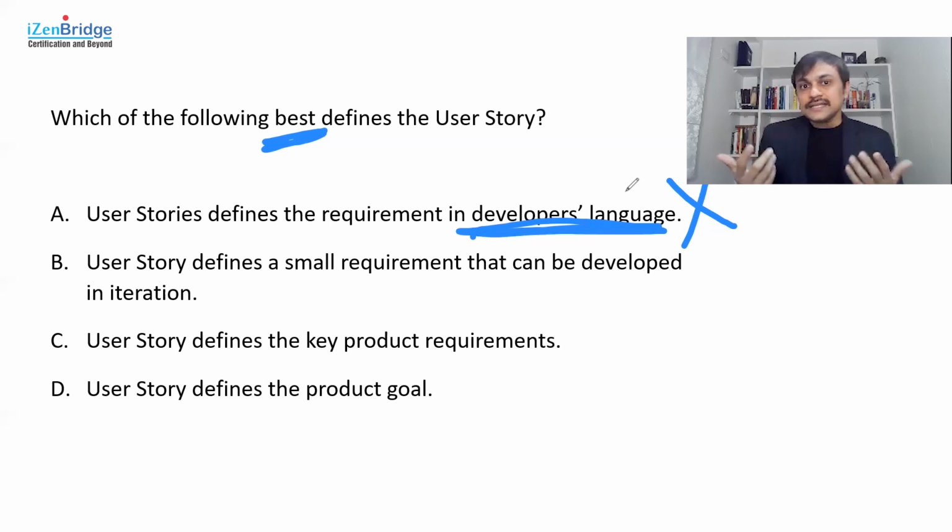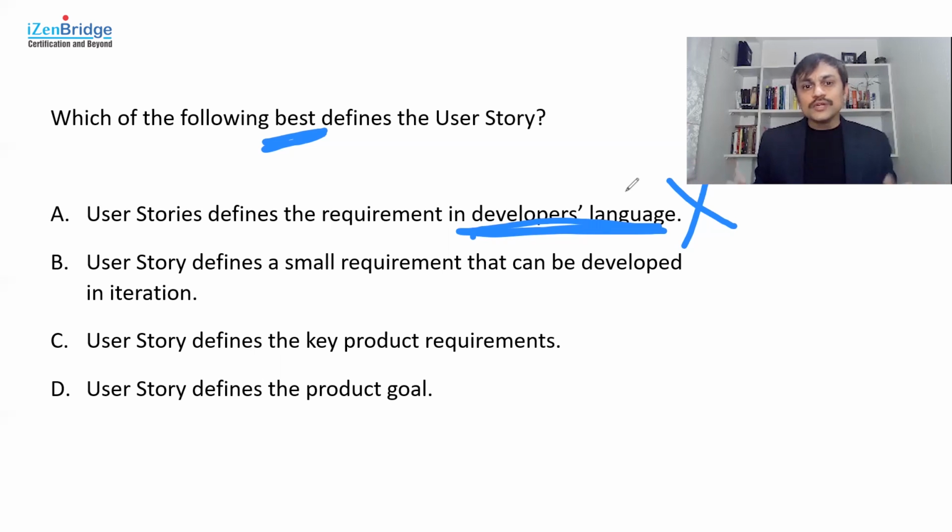So we can't just say the key requirements of the product are defined in the form of user stories. It's a difficult statement to make. At the same time, a user story might be referring to a key small requirement. The idea of small is very much attached to user story. So it's a possible alternative, but when we have a better option, then probably we have to sacrifice option C. D, user story defines the product goal.